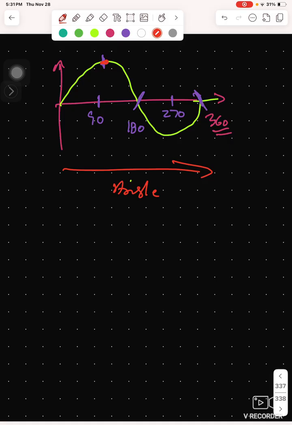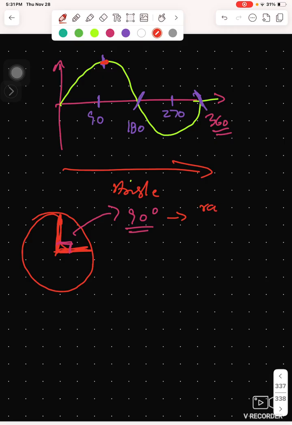So if we have a circle, 1/4 of the circle represents a 90-degree phase angle, because a quarter of a circle is always 90 degrees.